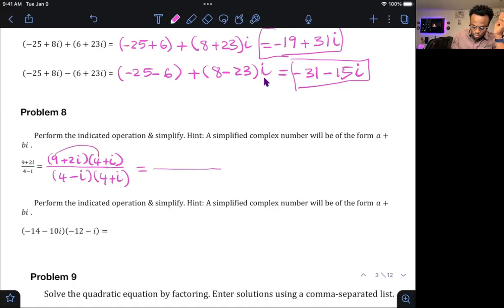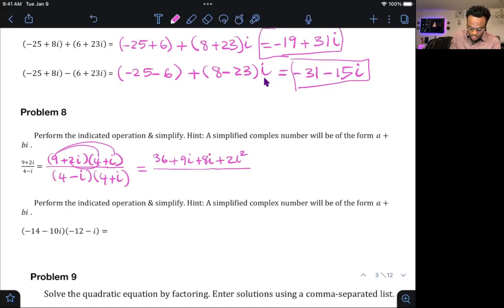9 times 4, 36. 9 times i, plus 9i. 2i times 4, that's plus 8i. And then 2i times i is 2i squared.